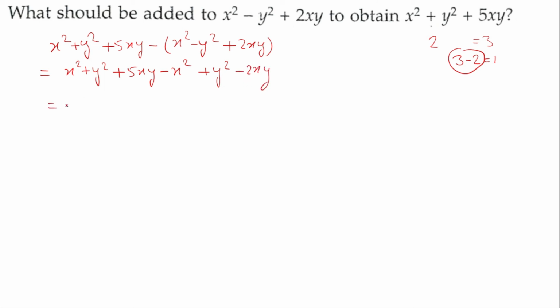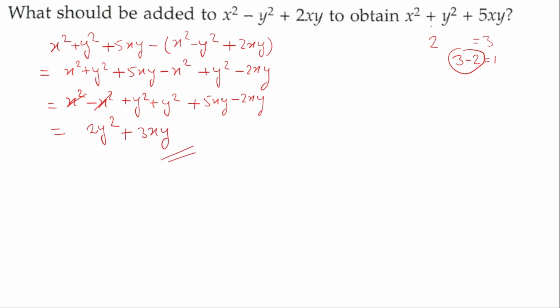Next step is to take all the like terms together, so x square minus x square plus y square plus y square plus 5xy minus 2xy. When you solve it, you will see the x squares get cancelled. What we have is 2y square plus 3xy. It will be our answer.